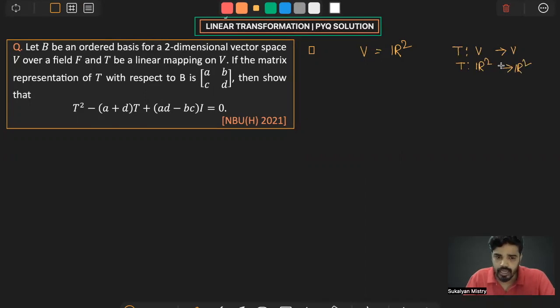Getting my point? Clear? So here it is given that the matrix representation of T with respect to the basis B is ABCD.